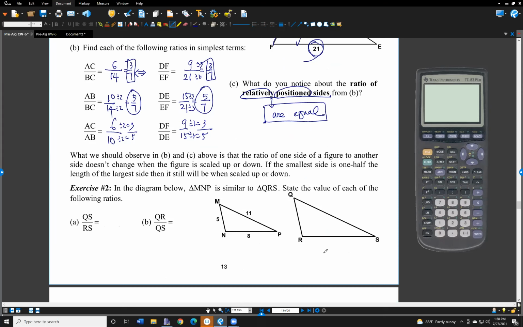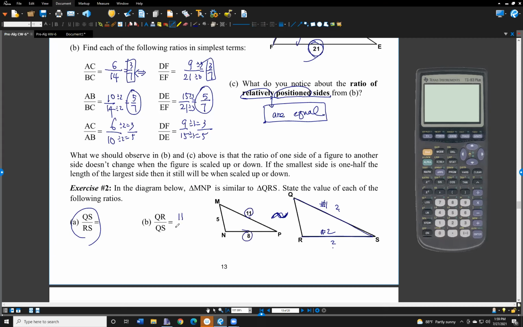All right, yes, they are similar. But where is the correspondence? It's nothing. Okay, so QS over RS, you're going to find this one. But there's no number here, we don't know. This is number 1 over number 2. We don't know, but they are similar because their relative position sides have the same ratio. You can use this one: 11 over 8.